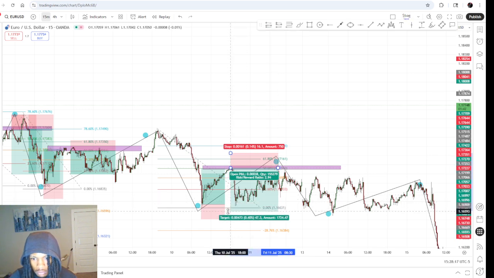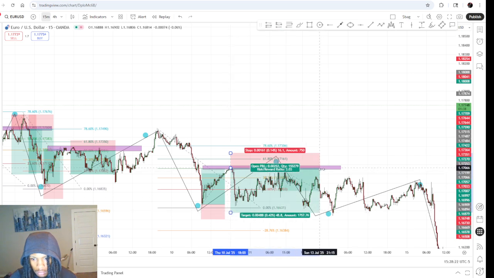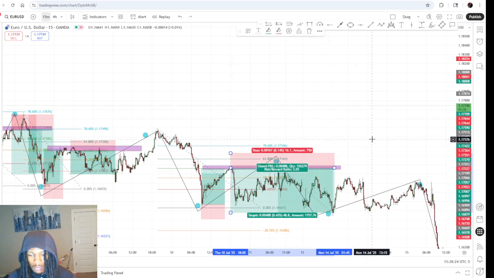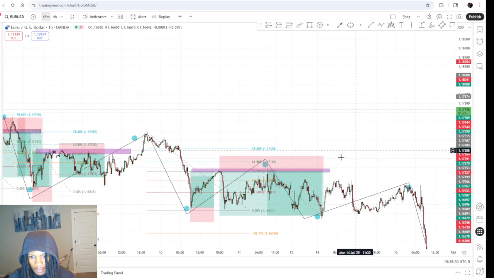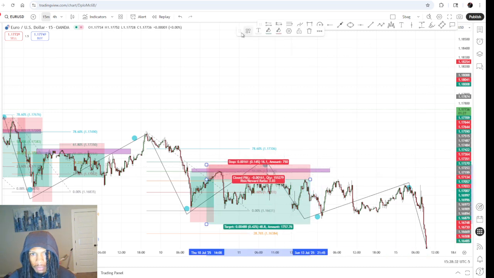23. See, that just took from Thursday to Monday, so it moved a little bit choppy. 48 pips.